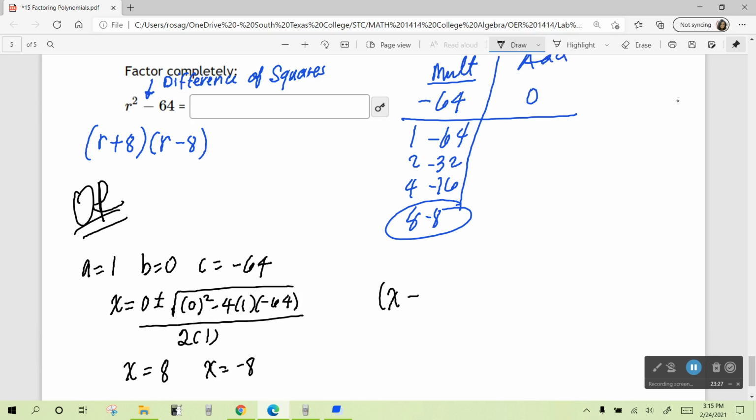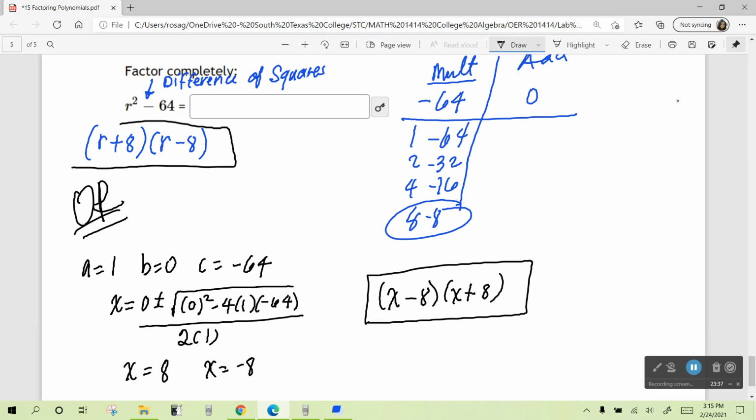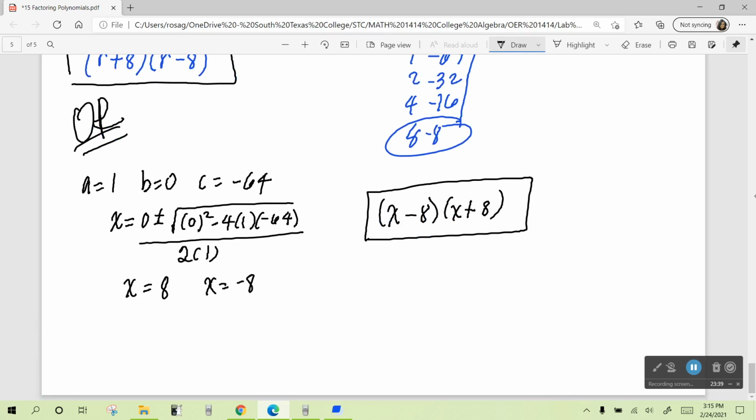So when you take them back, it would be x plus 8. Should I put it in the right order? Doesn't matter which one you put first, as long as you have them both.